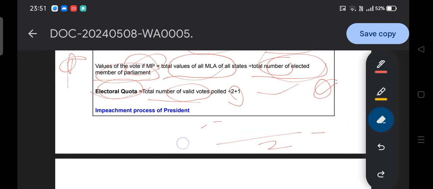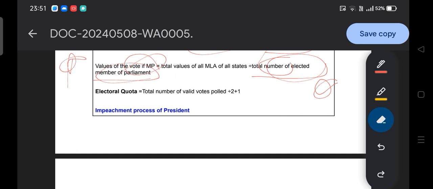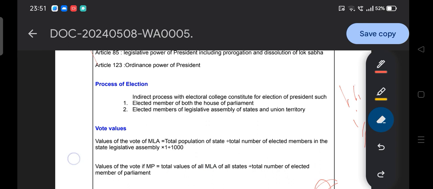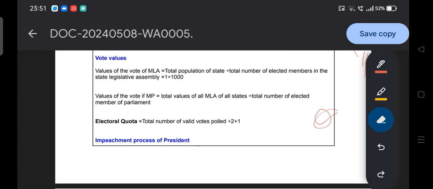This is the method to reach the quota of the electoral value of the president. They can ask what the electoral quota of the president is: total number of valid votes polled divided by 2 plus 1. So this is all about the electoral vote value of the MLA, MP and the president. I think this can be possible in our examination.